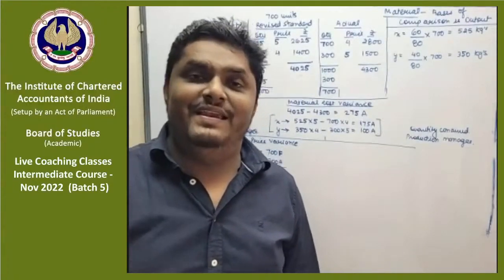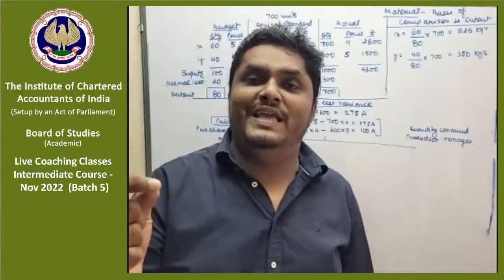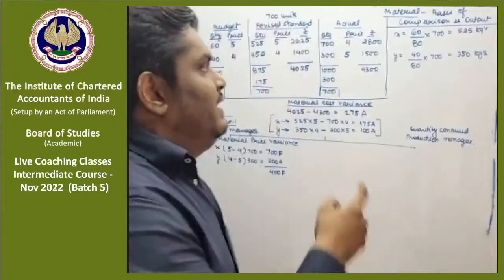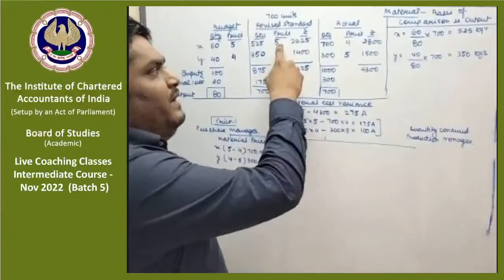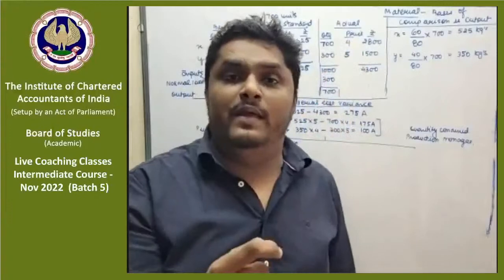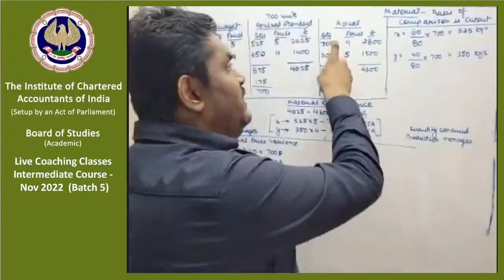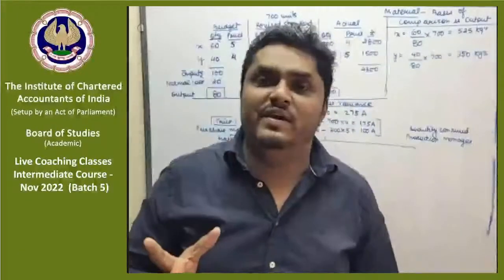I repeat again, very simple: material price variance represents the performance of the purchase manager. The standard price was 5, the actual price was 4. So the difference of 1 rupee, that is 1 rupee favorable, into the actual quantity purchased, that is 700 units.